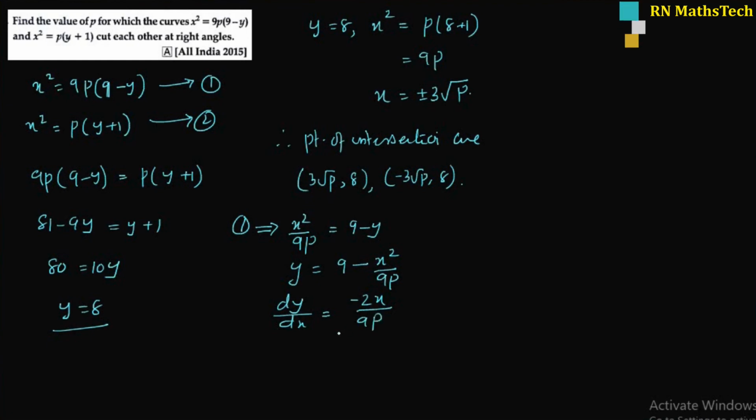Okay. Now for the second curve, equation number 2 implies x square by p is equal to y plus 1, or y is equal to x square by p minus 1, or dy by dx is equal to 2x by p.